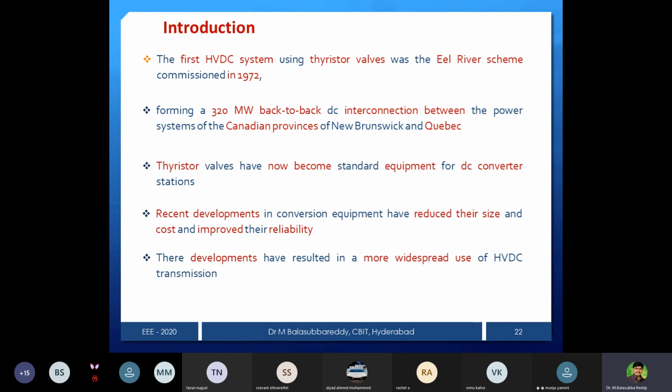The development has resulted in more widespread use of DC transmission. Because of these advantages, cost-wise, size of the equipment and the reliability aspect, now they use HVDC transmission more and more. In North America, the total capacity of HVDC links in 1987 was over 14,000 megawatts.